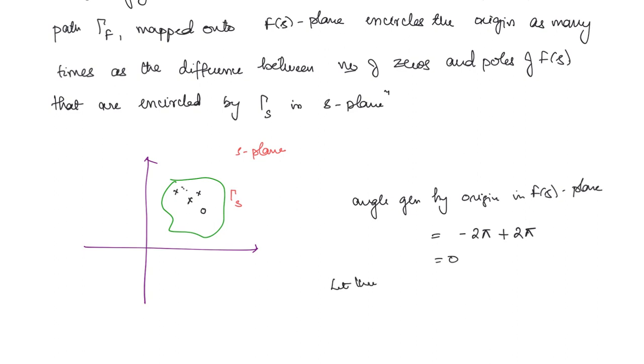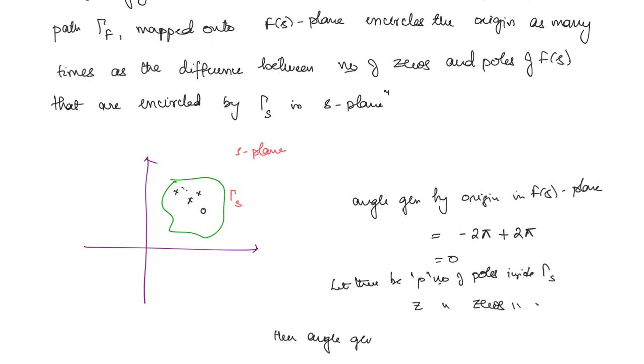Let there be p number of poles inside gamma s, and let there be z number of zeros inside gamma s. Then what will be the angle generated?